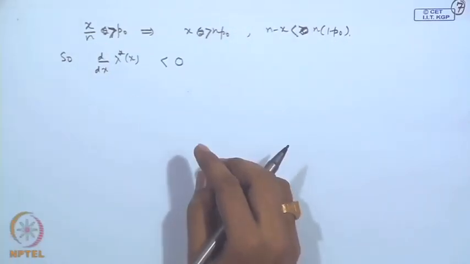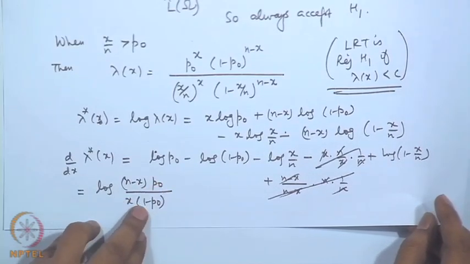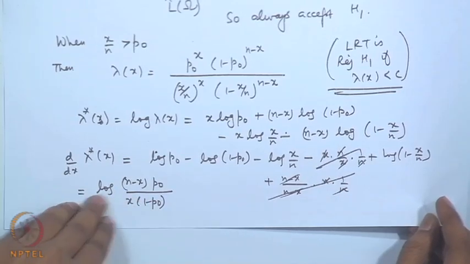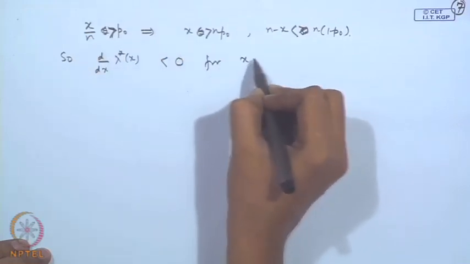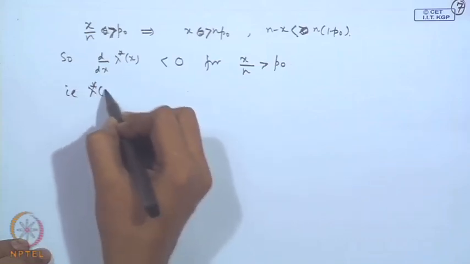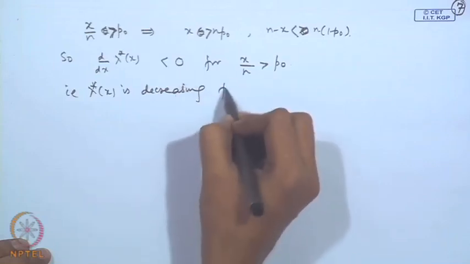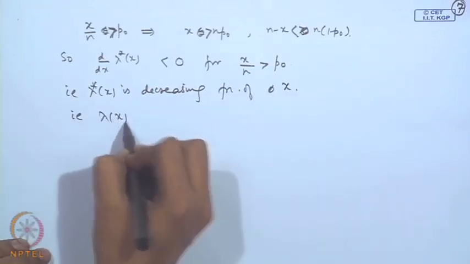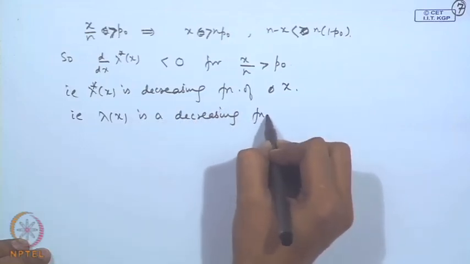So, what will happen if we consider this term log of n minus x p naught divided by x into 1 minus p naught? This term becomes less than 1, therefore, log of this becomes less than 0. So, this is less than 0 for x by n greater than p naught. That is lambda star is a decreasing function of x, that is lambda x is a decreasing function of x.